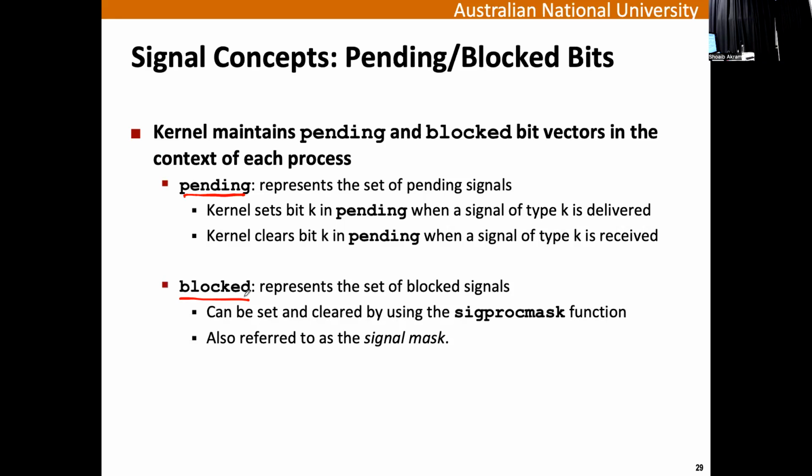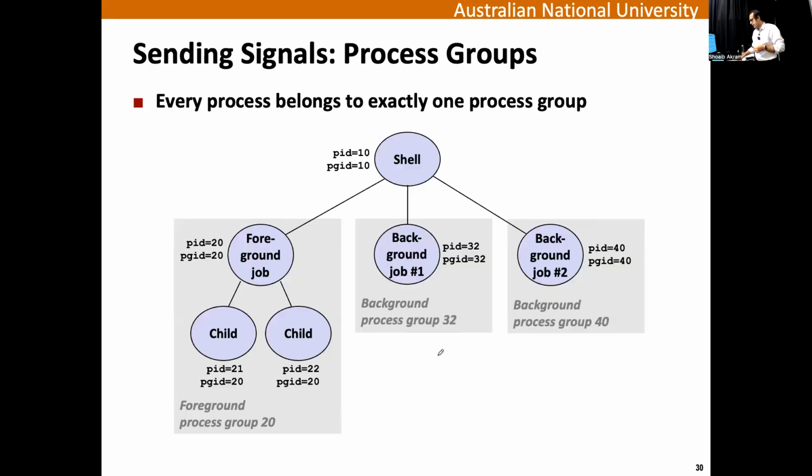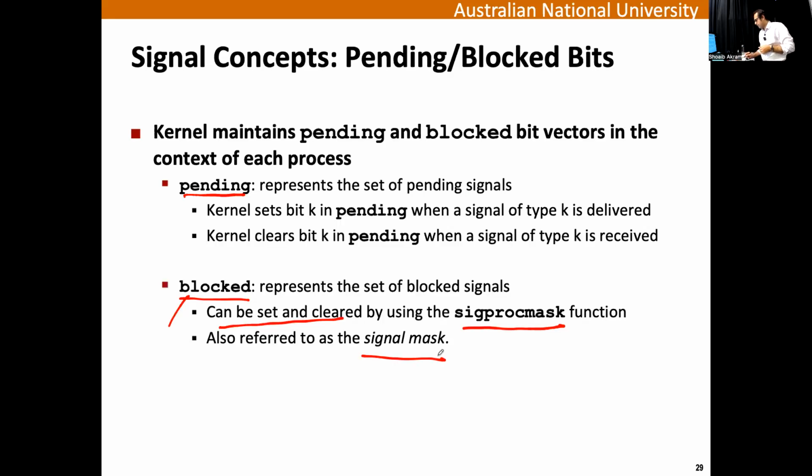The user process tells the kernel, look, I don't want to receive signals of this type. So there are these two bit vectors in the kernel, and we can manipulate them using the sigprocmask function. We also call them signal masks. We can create these masks, and there are some helper functions that help us set up these bit vectors or masks.